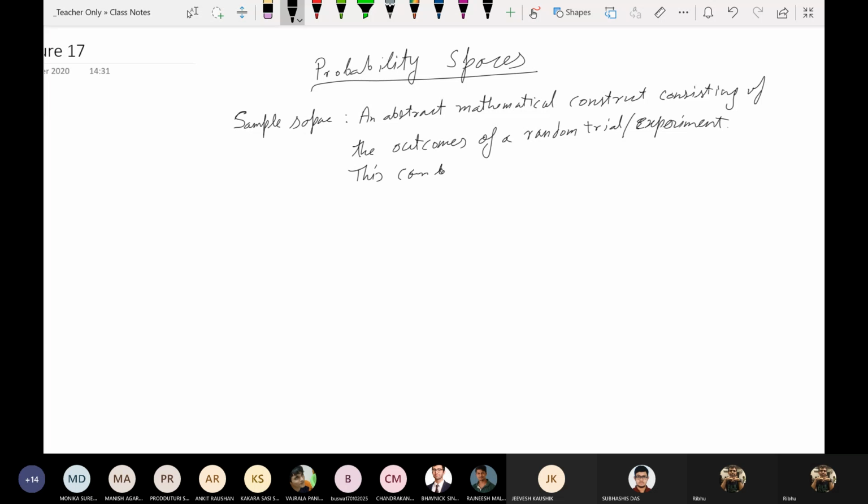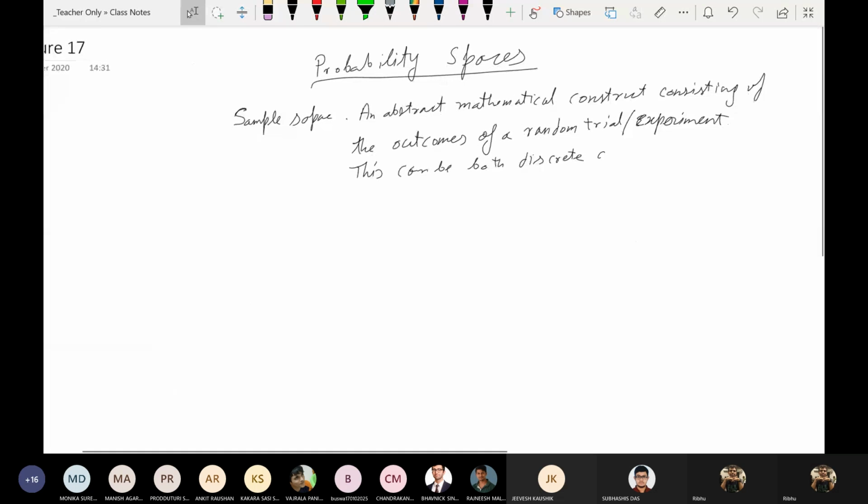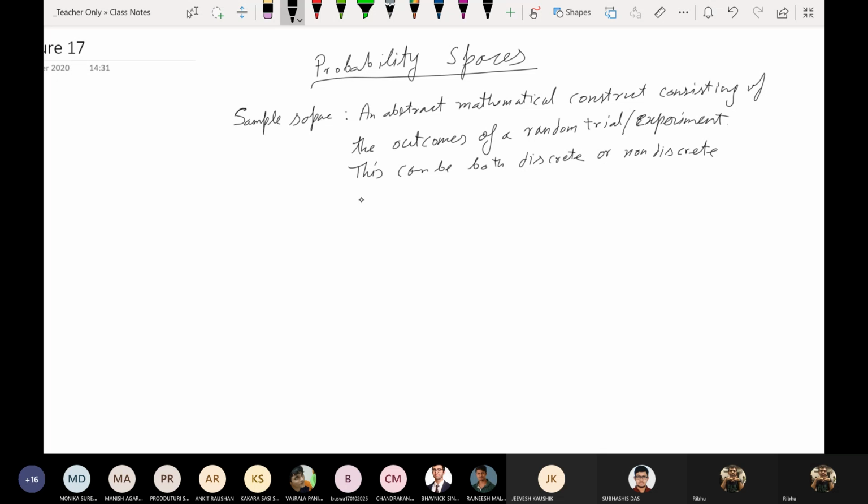This can be both discrete or continuous, depending on the experiment. So the experimental outcomes omega are contained in this. This is denoted by omega, and the experimental outcomes are contained in this.